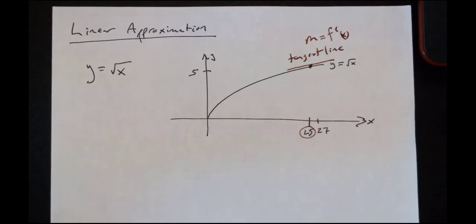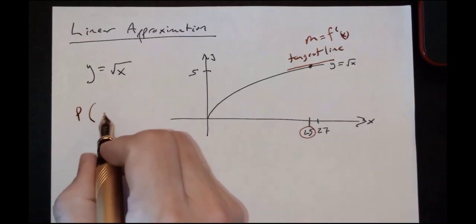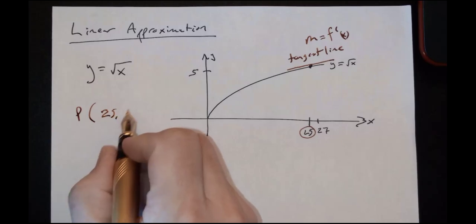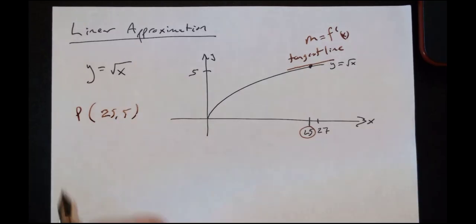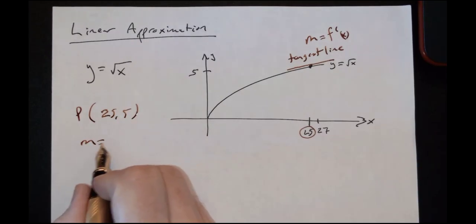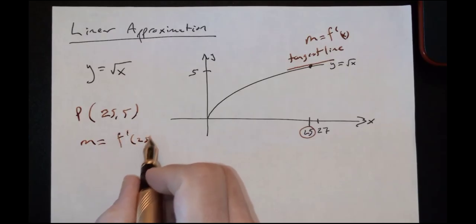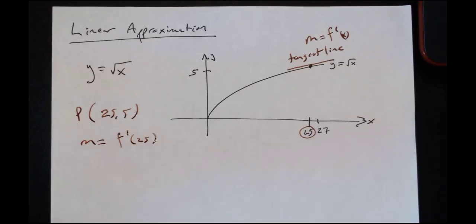And I know a point. So I have the point, and I have the slope. That's sufficient to get me the equation of a line. That's all I need, point and slope.